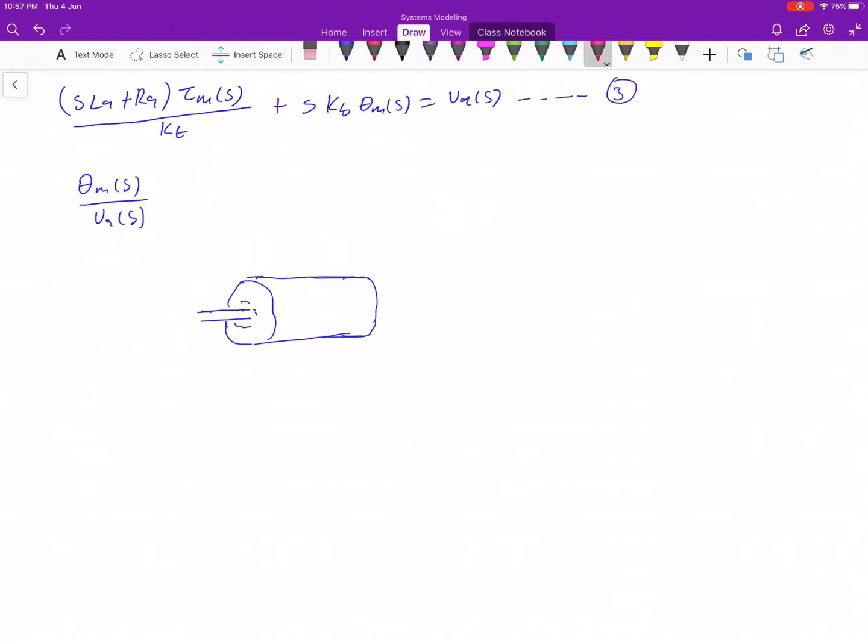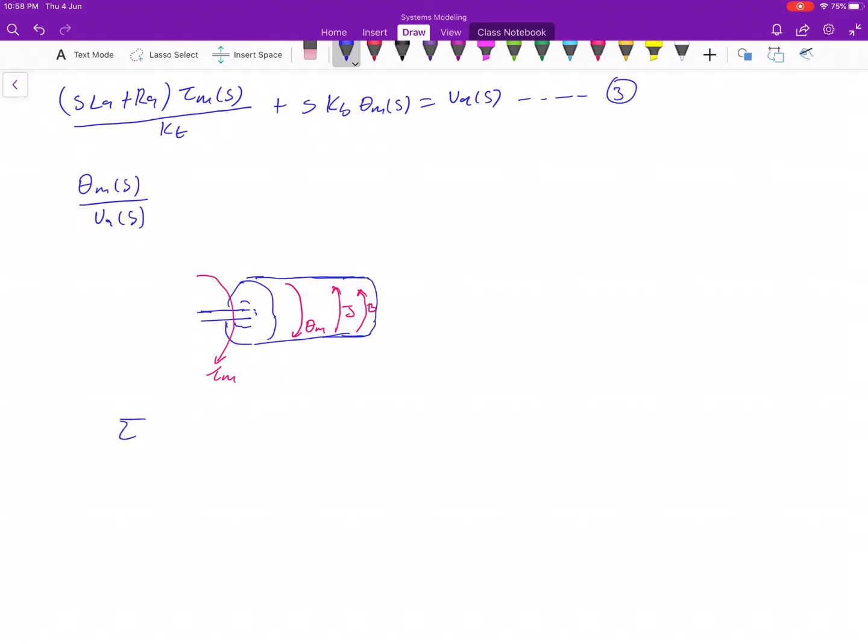So given the mechanical system, the applied torque is here, and once we apply the torque on this mechanical part, the system is going to rotate, it's going to have a displacement theta m. And we are also going to have our inertial force on the opposite side. Let's call this J, and also some friction, we call that B. Note, torque is analogous to force.